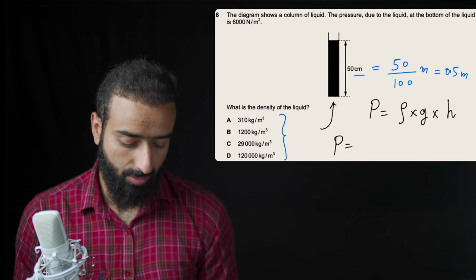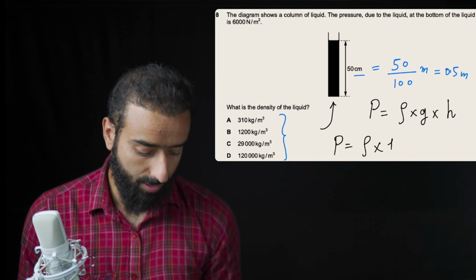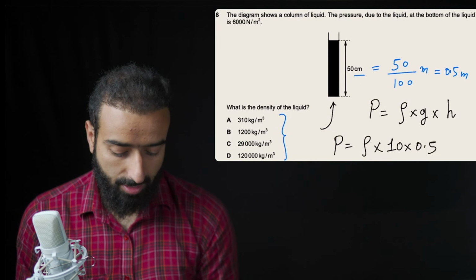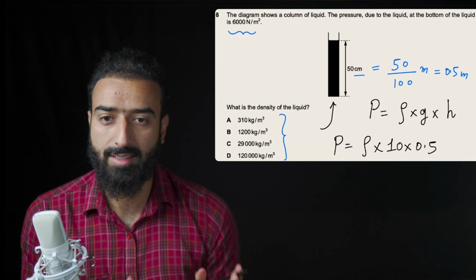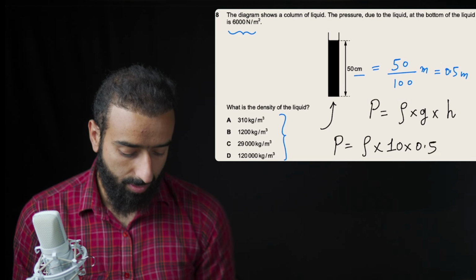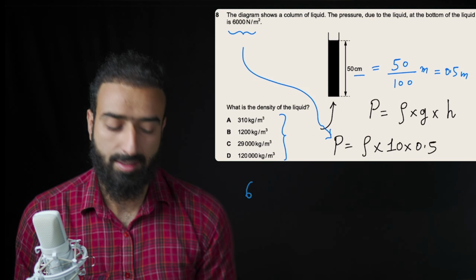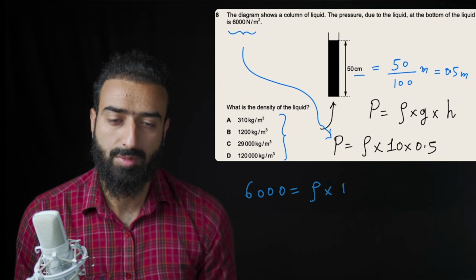Pressure is equal to the density times the acceleration due to gravity, which is 10, times the height, which is 0.5. The pressure is given to us as 6,000. So we can use that value here. That would give us 6,000 equals the density times 10 times 0.5.